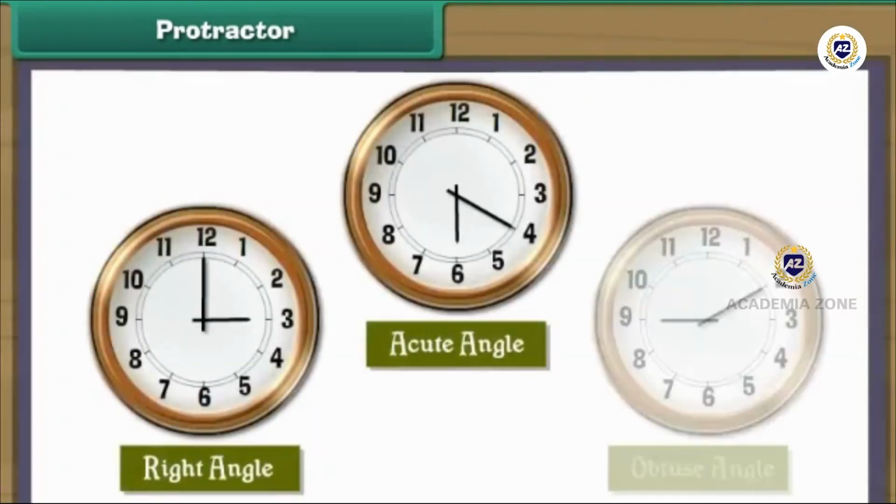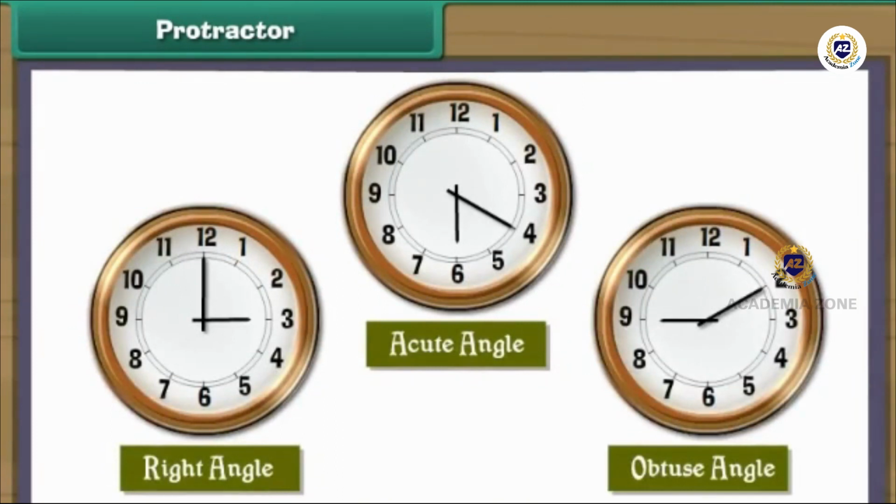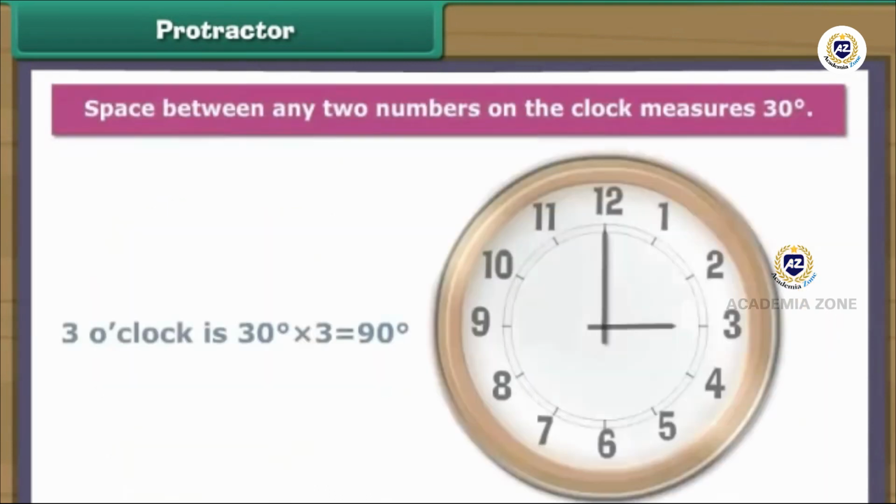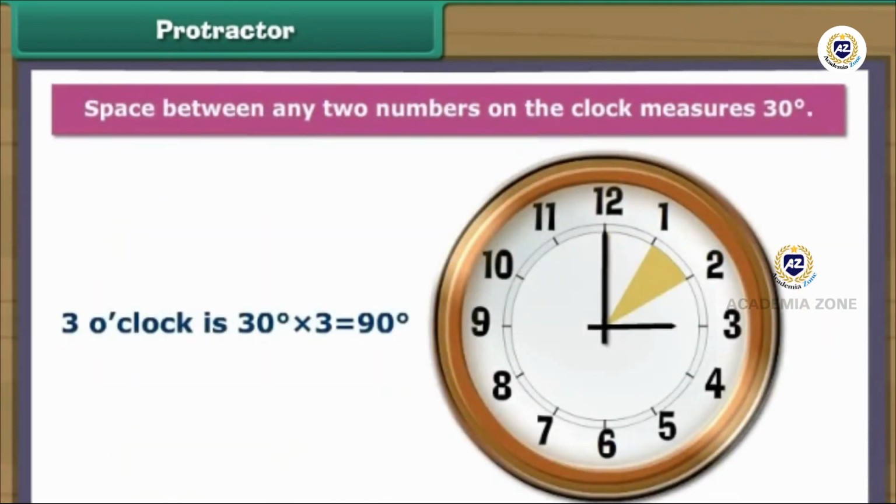The angles made by the hands of a clock can be worked out without the help of a protractor, because space between any two numbers measures 30 degrees.